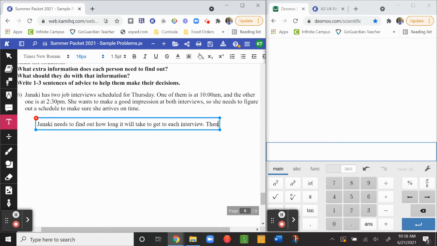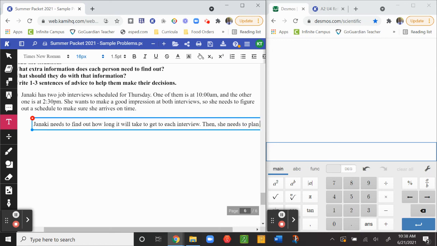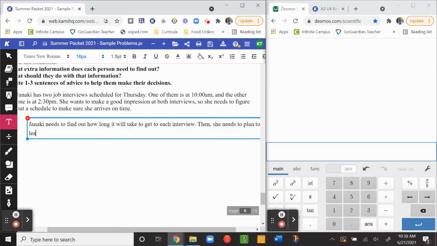And what? Well, if it takes an hour to get to the 10 a.m. interview, she needs to make sure that she leaves at least an hour before it starts. So then she needs to plan to leave early enough to arrive at the interview with extra time.